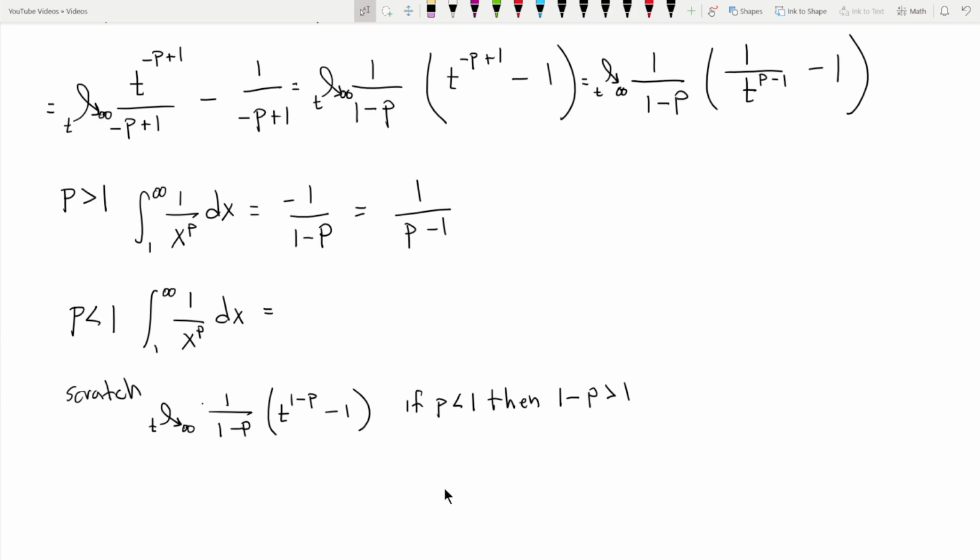And if 1 minus p is greater than 1, this limit is going to diverge. So if one part of your limit, the t to the 1 minus p, goes to infinity, the whole thing is going to infinity. All right, so this diverges. All right, so this is sometimes referred to as the p-test.